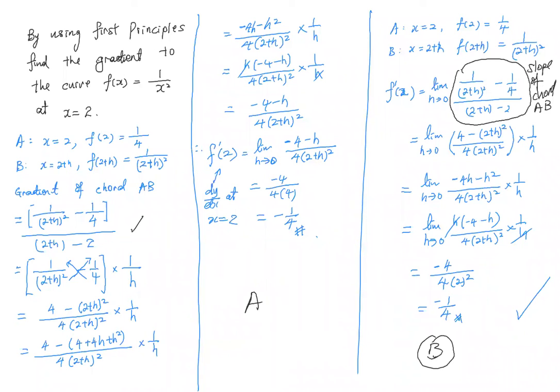Do you realize that? So if you are not very good in simplification, I will encourage you to use method A, then method B, so that you don't have to write the limit.